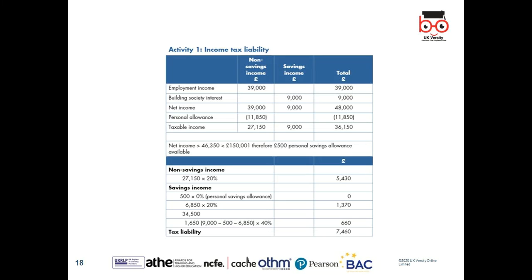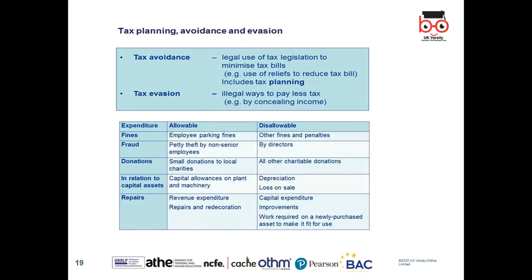On the remaining amount I'm paying 40%. Understood, because 34,500 plus 1,650 becomes 36,150. That's the scenario we needed to calculate, which we've done.